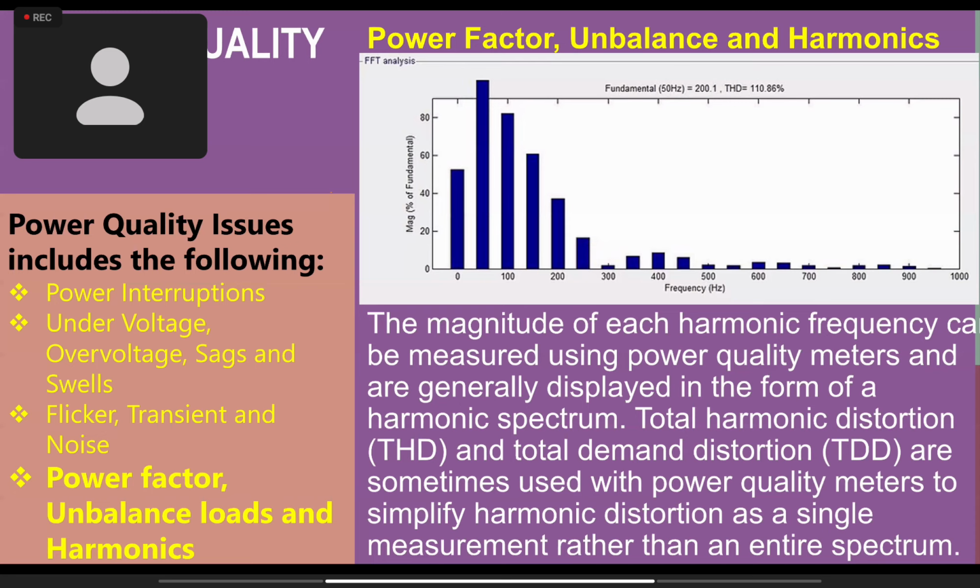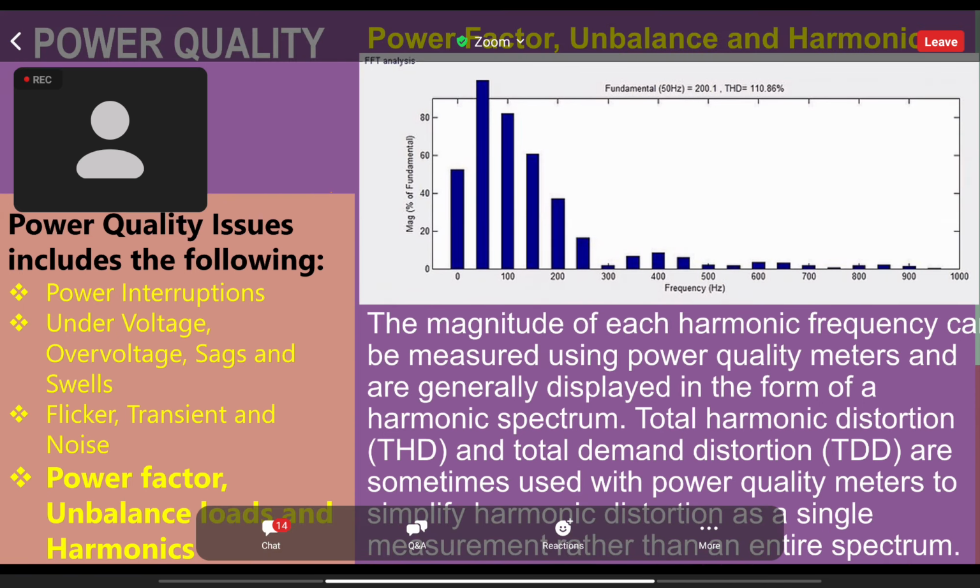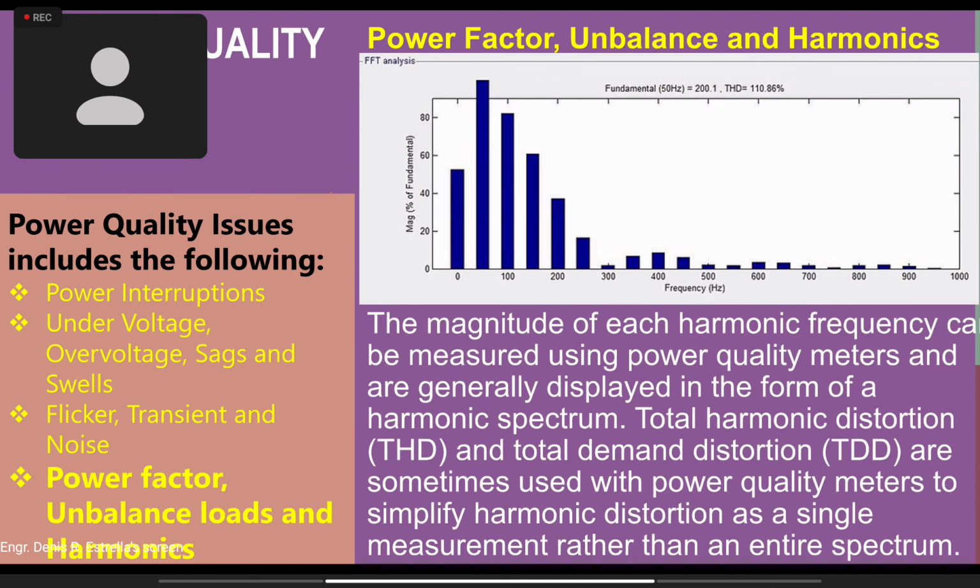We sometimes use it with power quality meters to simplify harmonic distortions as a single measurement rather than an entire spectrum. Because when we compute the effects of harmonics on the system, we do not consider each level. We consider only the average value that defines the effect of the entire spectrum of harmonics in our system.